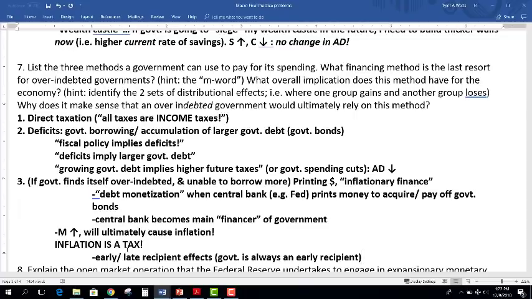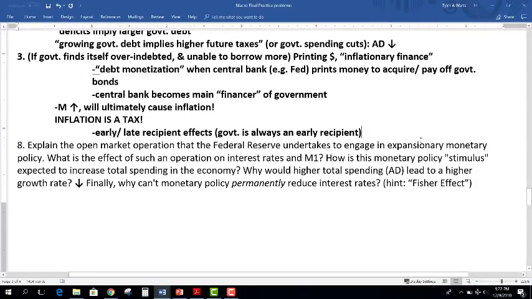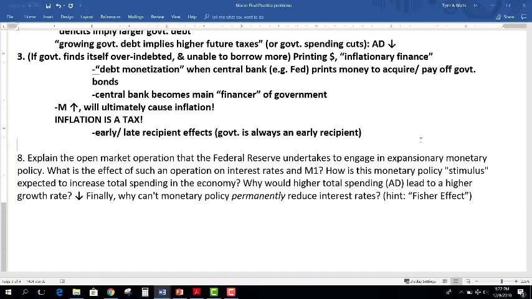Round one, the government creates some money, it spends it, that causes prices to go up. Okay, the government prints some more money. Round two, it spends it, that causes prices to go up even more. So early recipients, while inflation might be happening, spend the money before the next round of price increases. So that's why you always benefit as an early recipient, even if inflation is rampant, because you get your hands on all that extra money first.